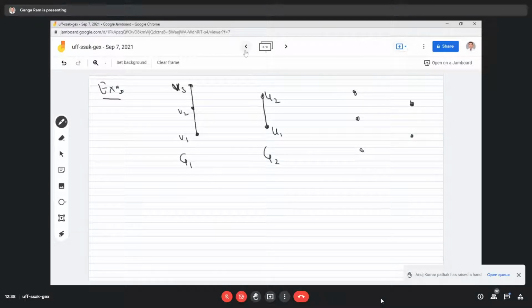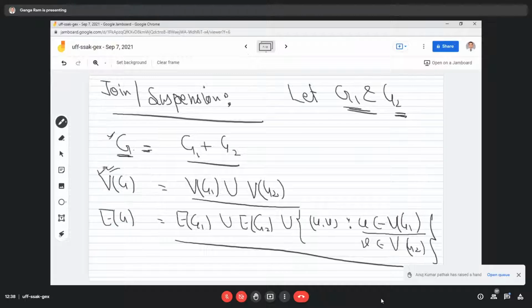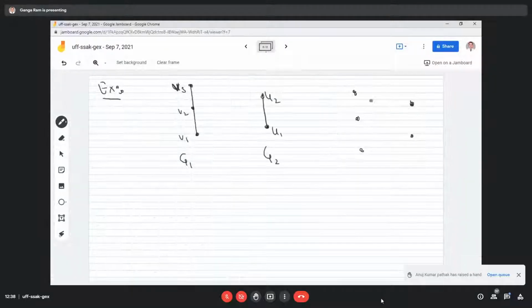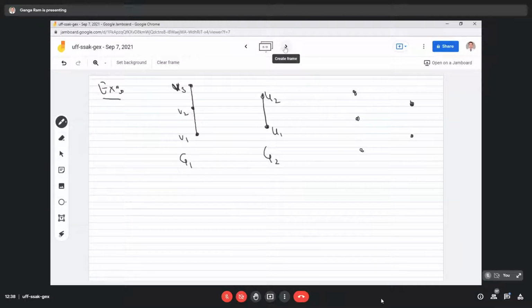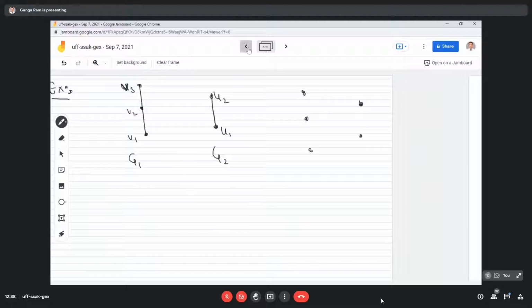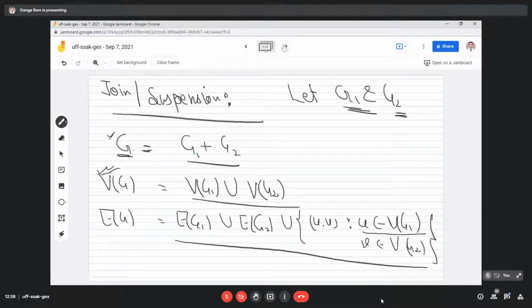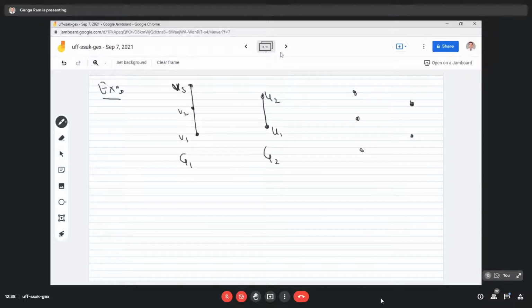Okay, now the vertex set will be the union of these two, which means the number of vertices in G1 and G2 together. Total number of vertices will be 5. And the edge set, you will take the union of G1 and G2. Union means all the edges like this way.